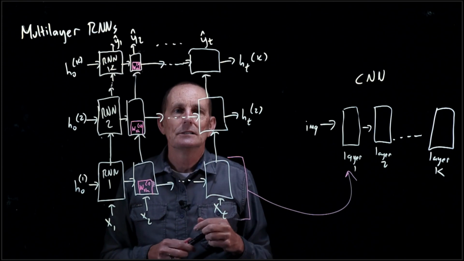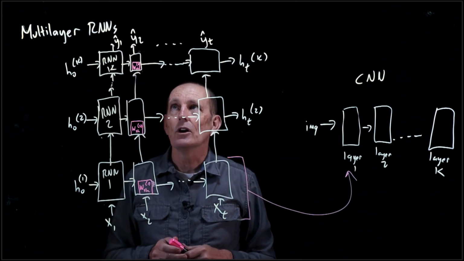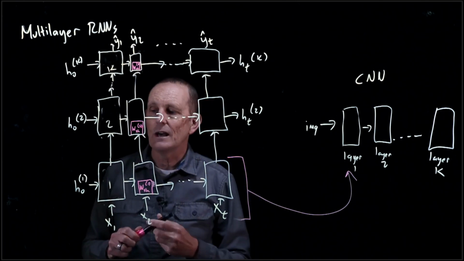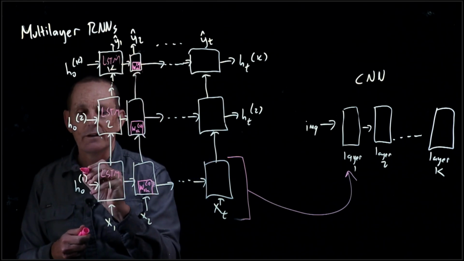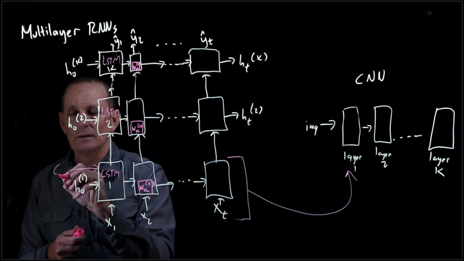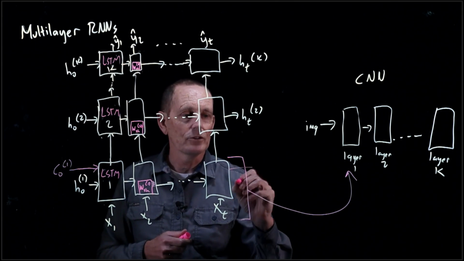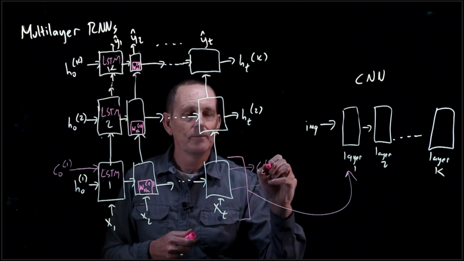This multi-layer construction can be used not just for RNNs, but also for LSTMs or GRUs. So if we now look at an LSTM, we would also have coming in a C sub 0 super 1, and coming out, of course, a C sub t super 1.